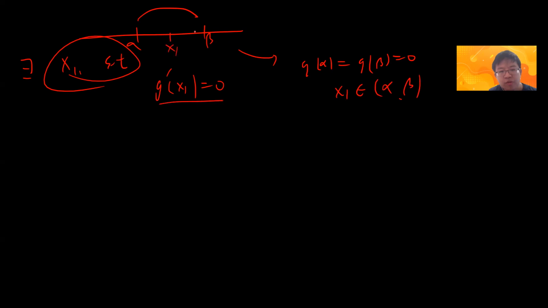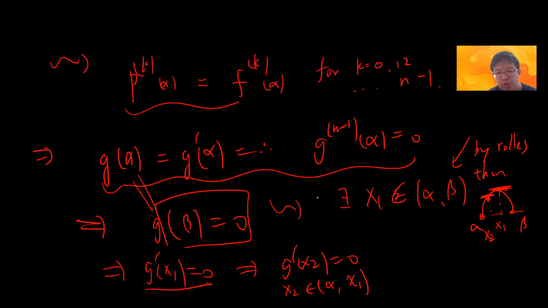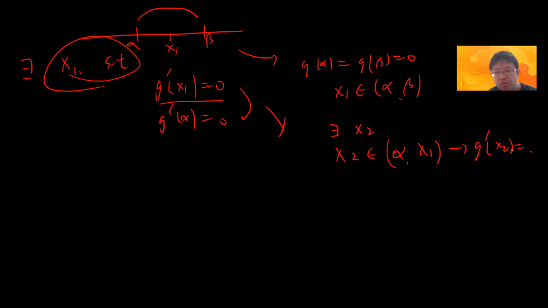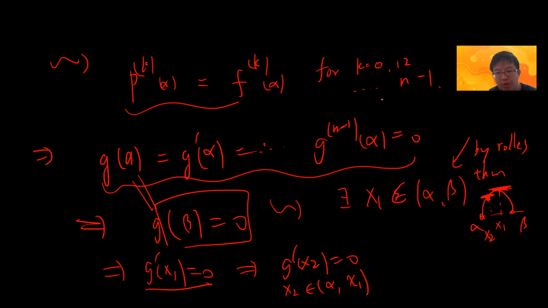And you also proved that g prime of alpha is also 0, so you can use this to prove, by Rolle's theorem again, that there exists x2 between alpha and x1 such that g double prime of x2 is 0. And you keep going. Finally, the derivatives of g at alpha are 0, and you get something which is also 0.